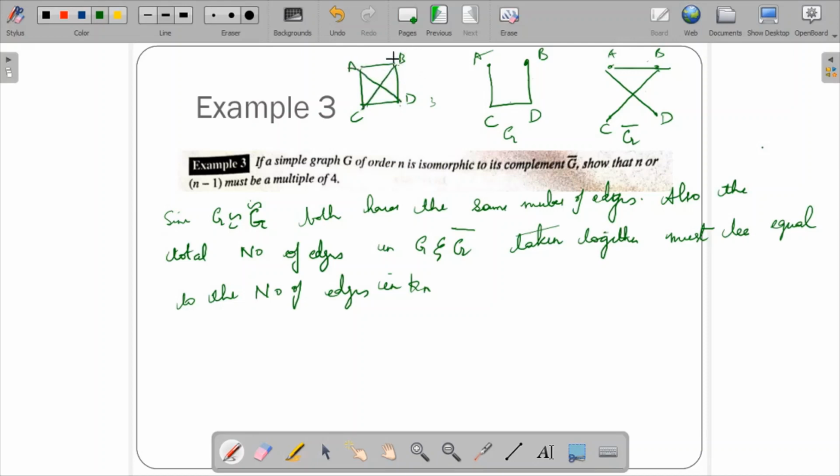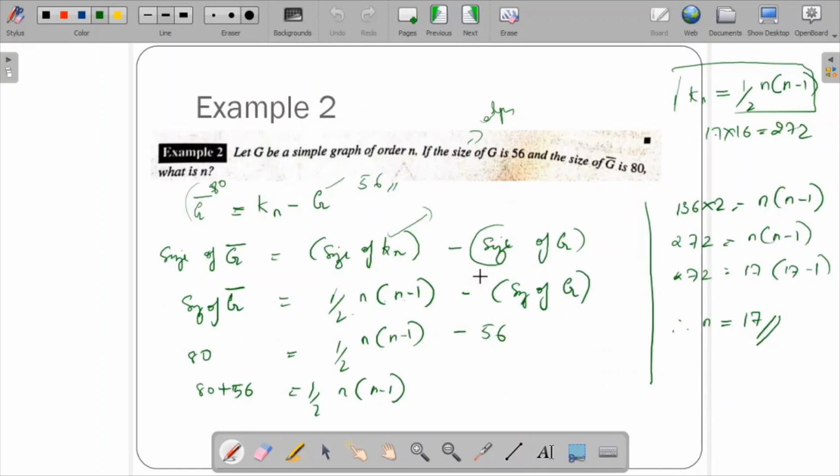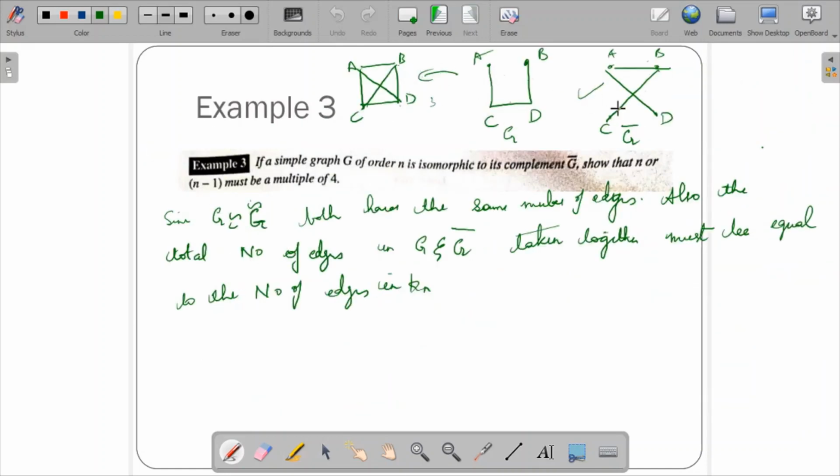If you just recall the concept, here we have shown a simple graph. If I subtract this from the complete graph, I would get this. The same concept of a simple graph I've used in this example also. If you subtract this from this, you will get the complement.